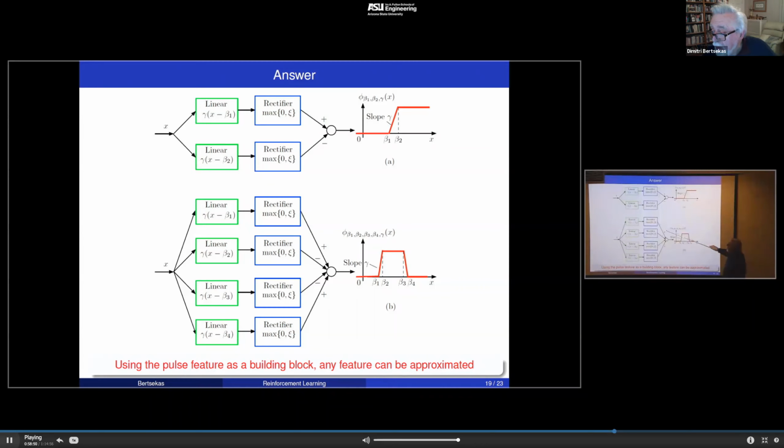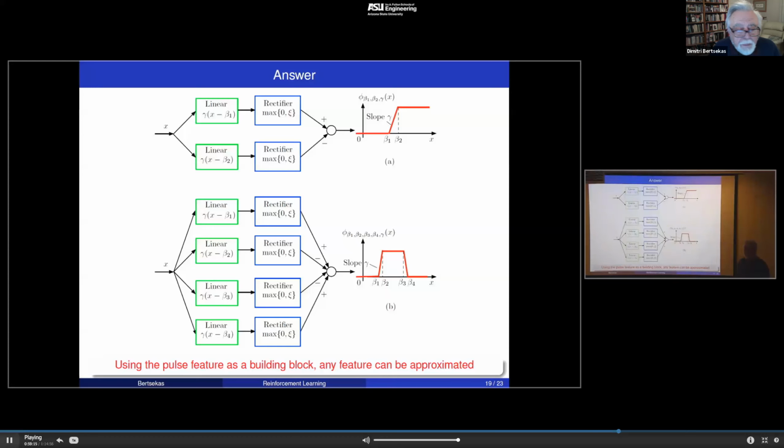And then from the bottom two, we get the opposite, which are subtracted, multiplied with +1s and -1s appropriately, and then you get this function here. So it is possible with a linear layer and this nonlinear rectifier layer to construct this fundamental feature.